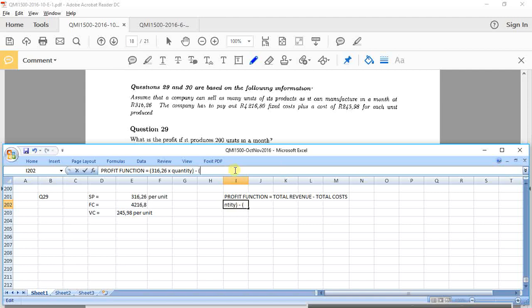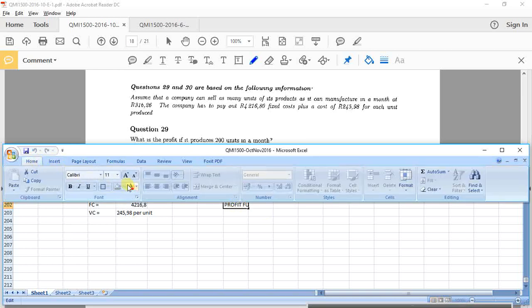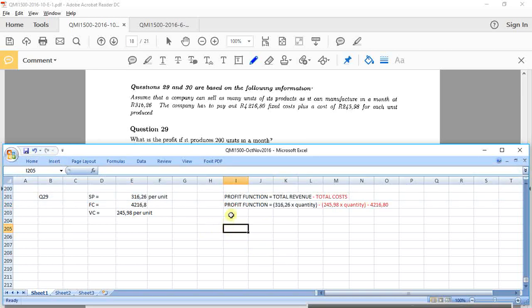I've got variable cost 245,98 times quantity, close brackets, minus fixed costs, 4216,80. Total cost is fixed and variable.